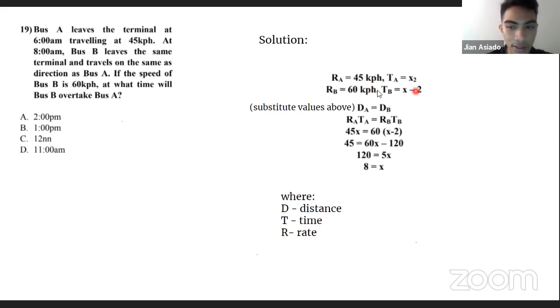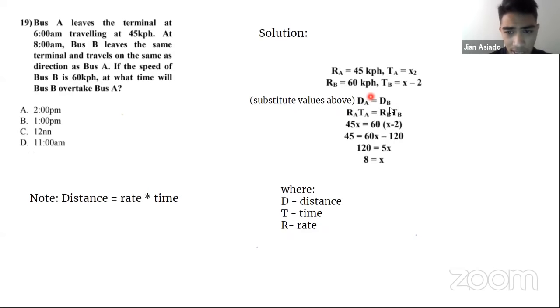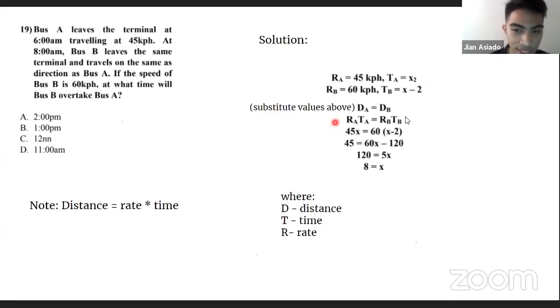Ito. Ganun din, time. Now, yung substitute ng values, no? D sub A equals to D sub B, R sub A. Ayan. So, yung equation dito is distance, no? D is equal to rate times time, no? So, ito, laging ginagamit din, physics, and then many things, sobrang daming pinagagamitan ito. Simple, distance is equal to rate times time.